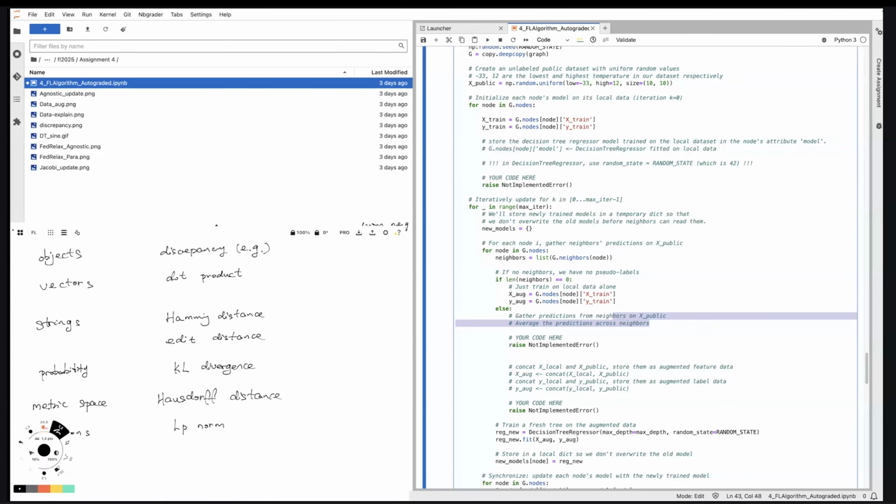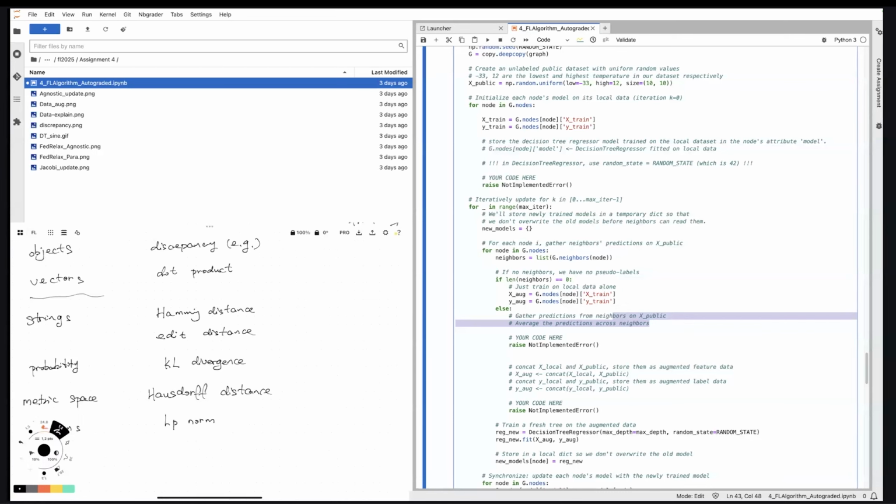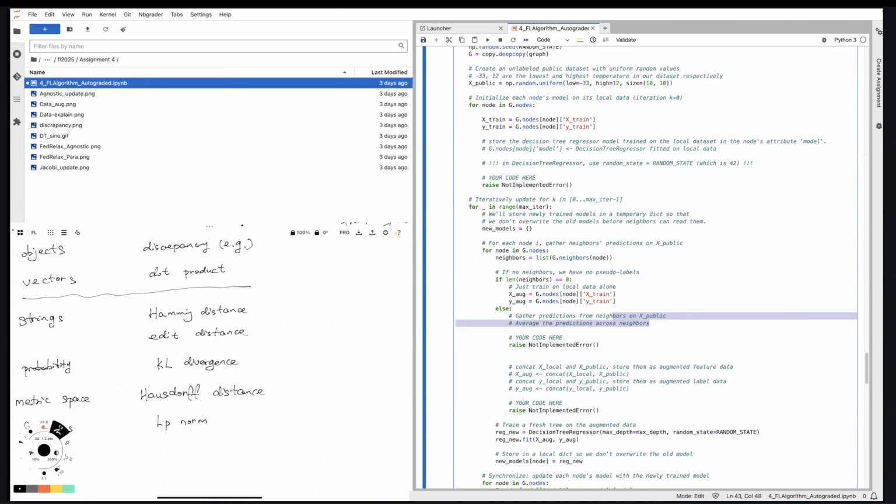And I feel the discrepancy or distance between two objects is a really fundamental concept in machine learning. For example, to compare vectors we use dot product, and this is a method used in the attention mechanism. If you read the paper and know about attention and transformers, how do we know which context we should pay attention to? If we live in a vector space, we can compare their dot products.